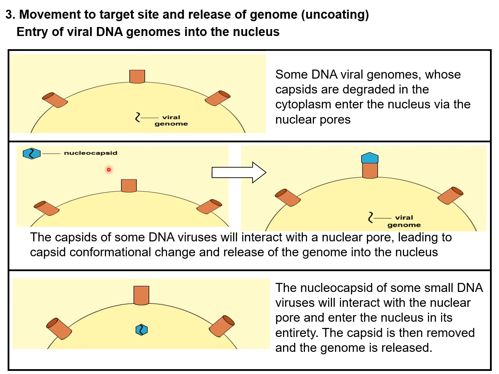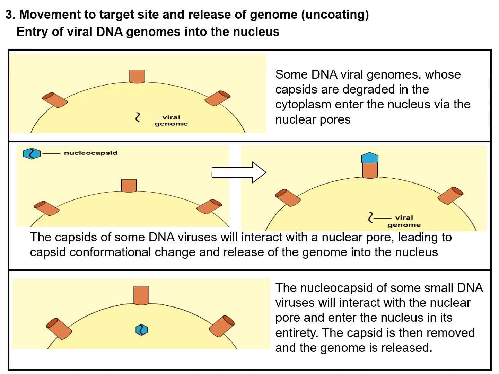In other cases, the nucleocapsid will interact with the nuclear pore, and then the viral genome is released inside the nucleus. And still, a third option, which only happens with very small viruses whose nucleocapsid is quite small, is that they maneuver their way through a nuclear pore, and the capsid is degraded there in the nucleus and the genome is released.